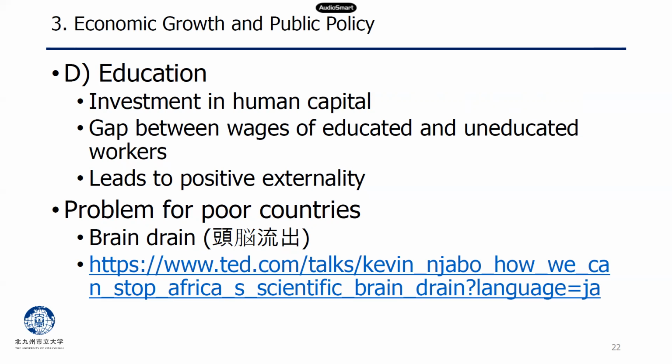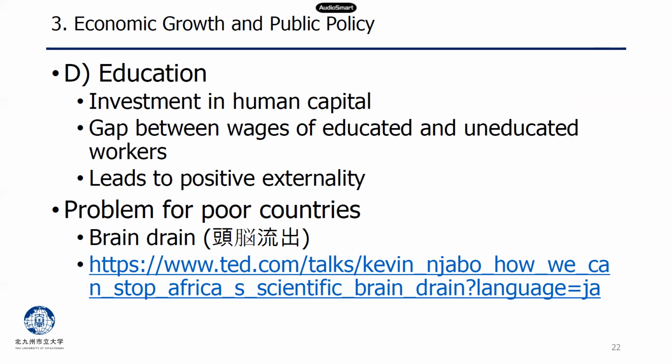This was the same case in Japan and Korea too. Smart people, especially scientists, want to work in the US because they can get lots more money rather than coming back here. In the poor countries, they don't have good universities.